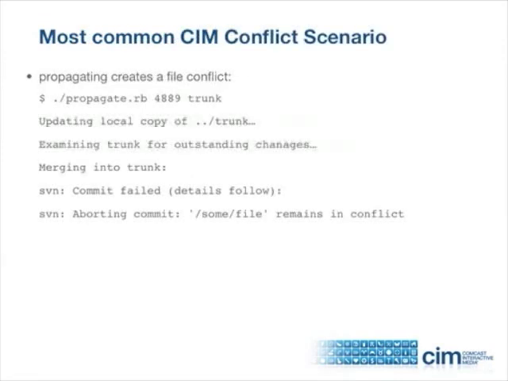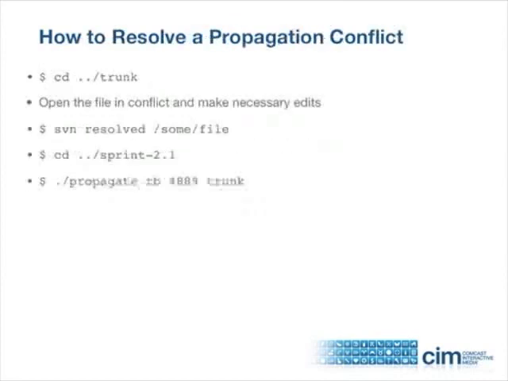However, the most common conflict scenario usually presents itself when merging, or in our case, propagating. So in this scenario, the propagate script reports the commit as failed and claims a file is in conflict. So how to resolve a propagation conflict?